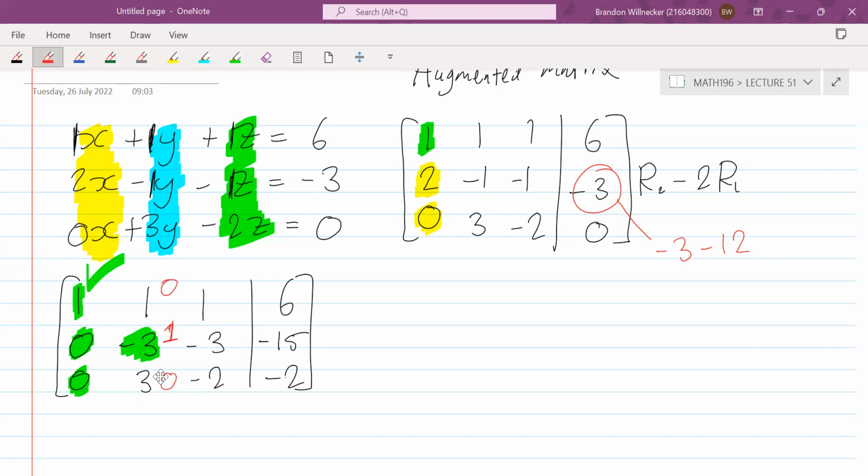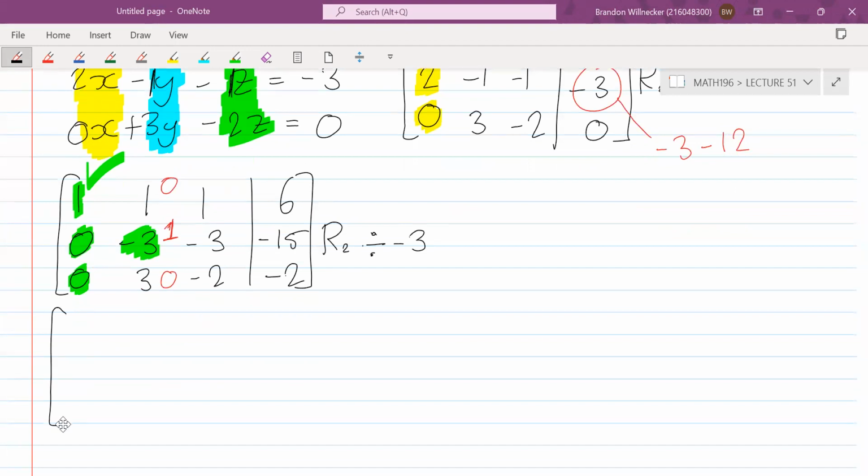Okay, so what do we need to do? How can we get this minus 3 to become a 1? What we could do is divide the row by minus 3. That will turn it into a 1. So we are going to take row 2, divide by minus 3. Okay, so let's do that.